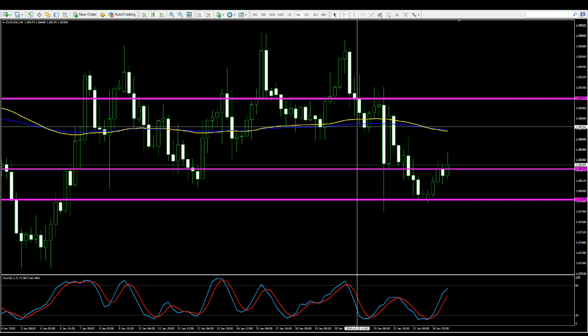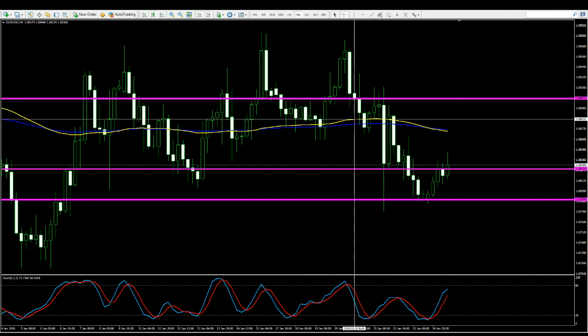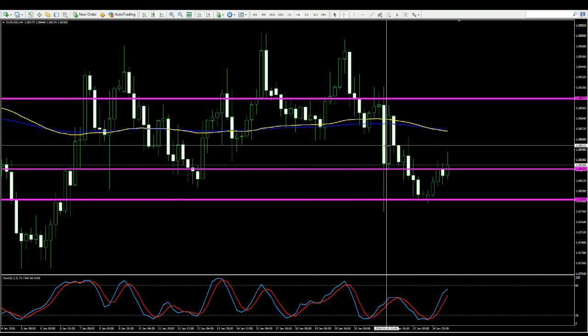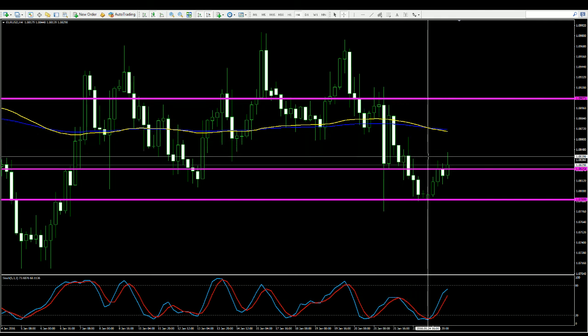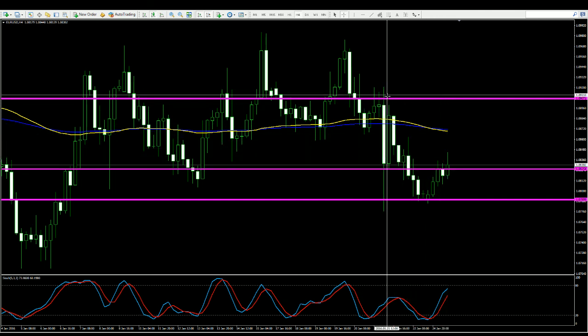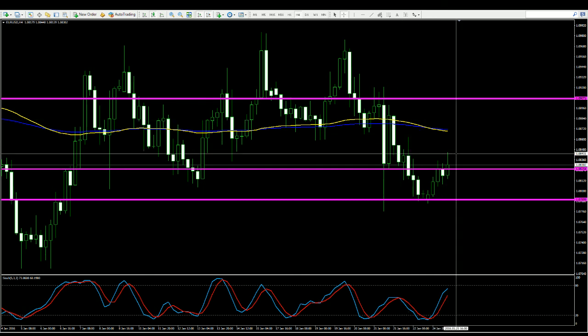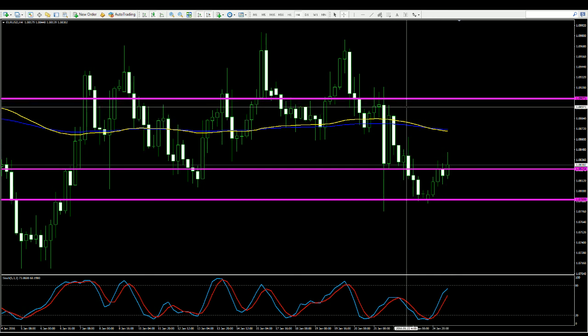Even though price was basically in indecision, the majority of the candles were above the EMAs. And then when the news came out, the price heavily dropped below the EMAs, and since then it's been below the EMAs still. So it's been in a clear downtrend since then.